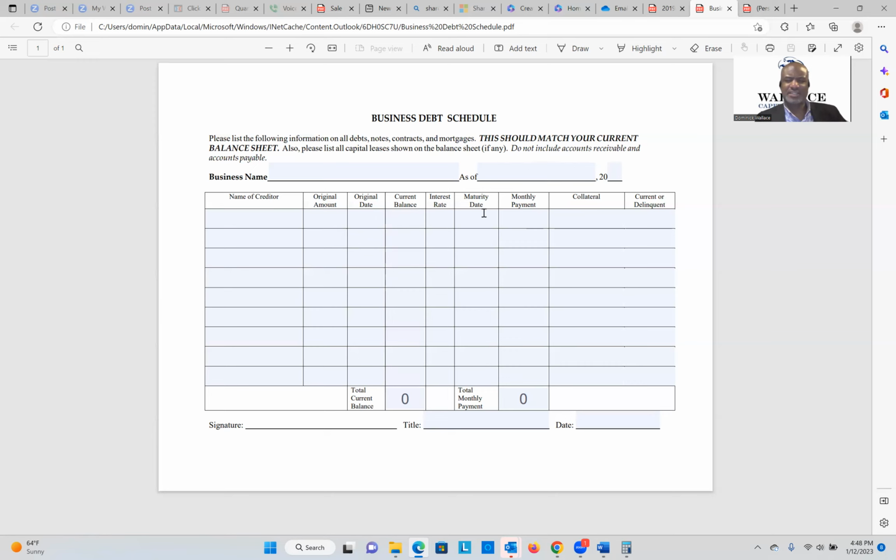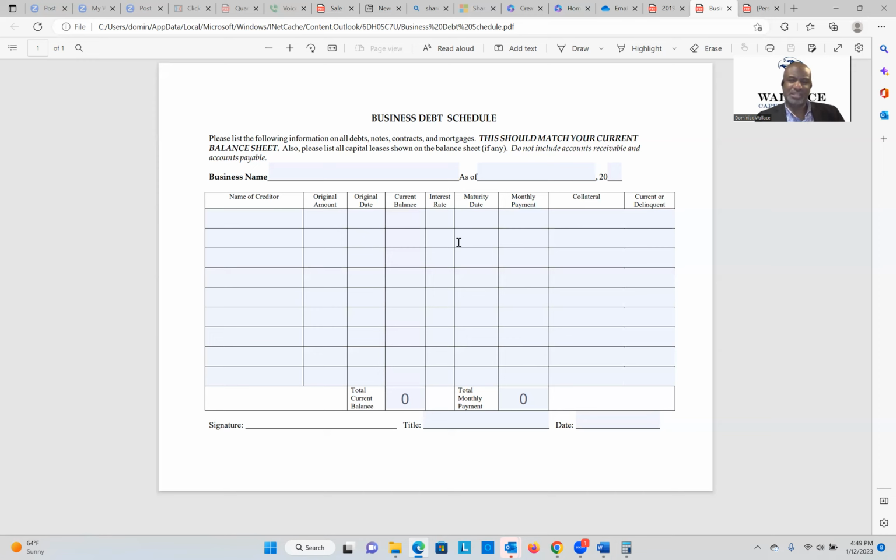The maturity date is when the loan matures, meaning if it's a term loan, when it is supposed to get paid off. For a credit card or line of credit, especially a line of credit, it'll sometimes say it has to be renewed over a certain period of time, when it has to get paid back. That would be the maturity date.